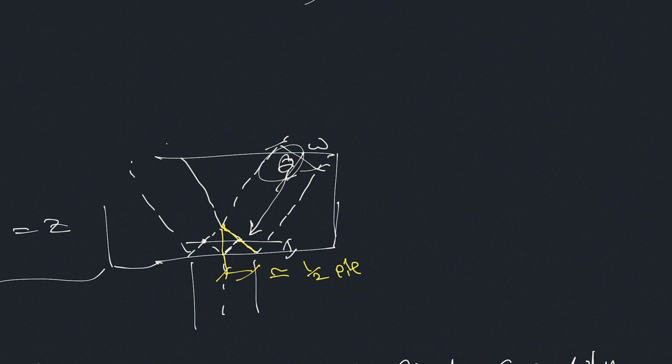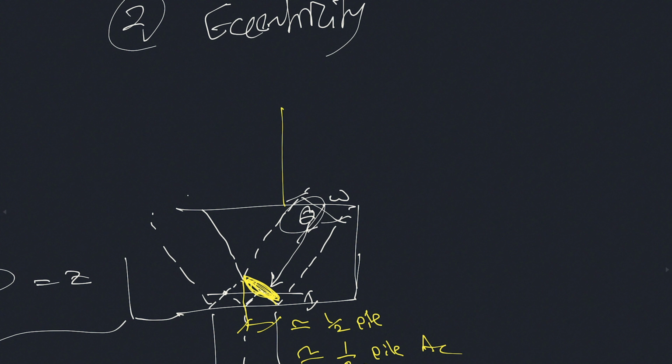So the area of our strut here, which is somewhat circular, is actually approximately half of the pile cross-sectional area. And then the other thing is, if we have the column here, basically our strut over here is roughly equivalent to the area of the column.